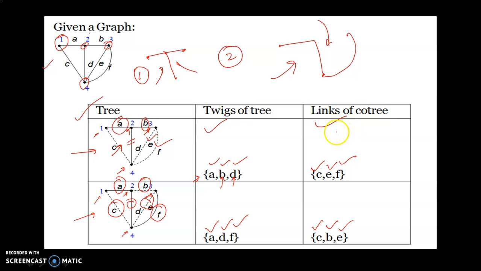Links or core tree are shown by dotted portion and twigs of a tree are shown by dash. The bold line shows you the tree structure, and the branches of the tree are your twigs.